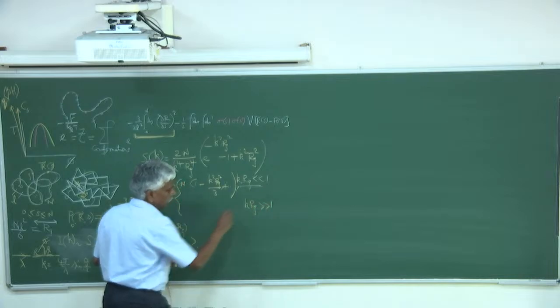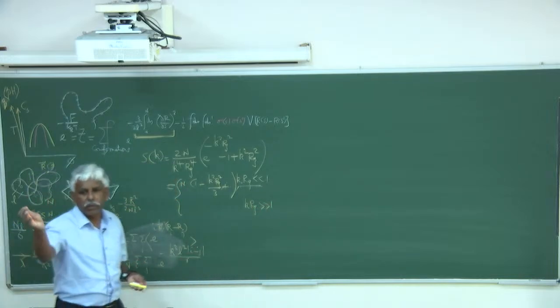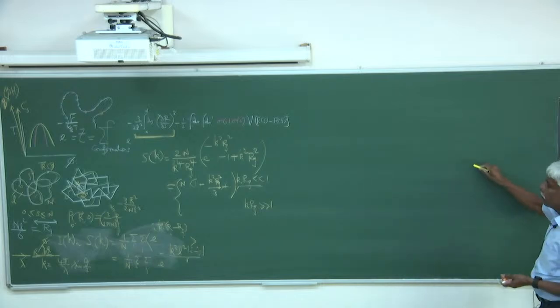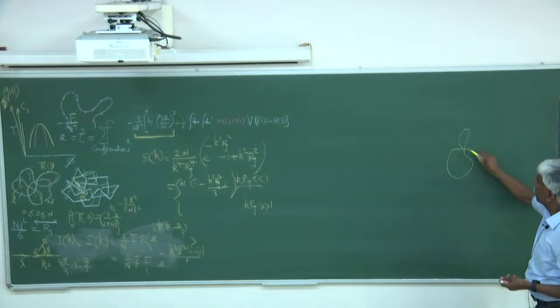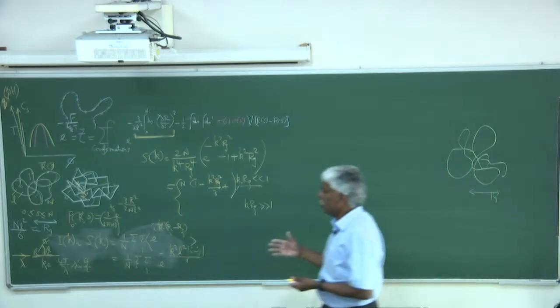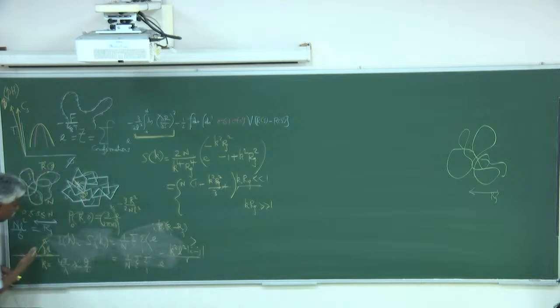When the observation length is small, this is my observation length scale, smaller than the typical dimension of the polymer chain. So there is an opportunity to know the correlation, how the monomer density is correlated inside the coil, if I were to design my experiment so that I go into that limit, the k Rg greater than 1 limit.